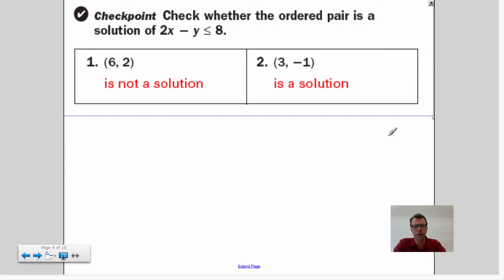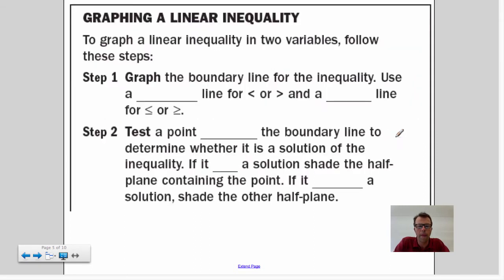Let's keep going. So here we're going to start graphing linear inequalities. So these are our steps. We have two big steps to graph any linear inequality. Step 1, we would like to graph what we call the boundary line for the inequality.